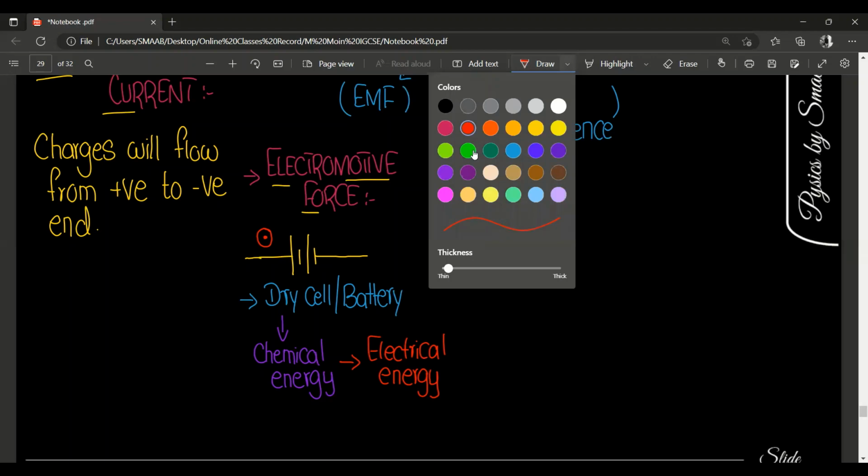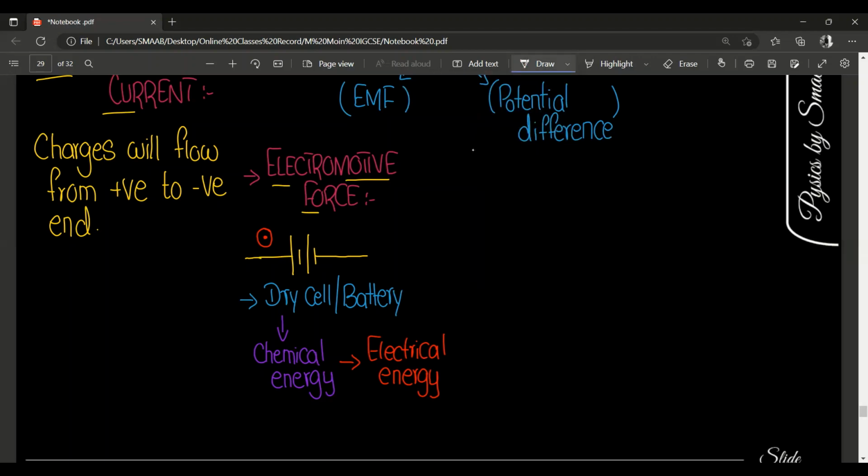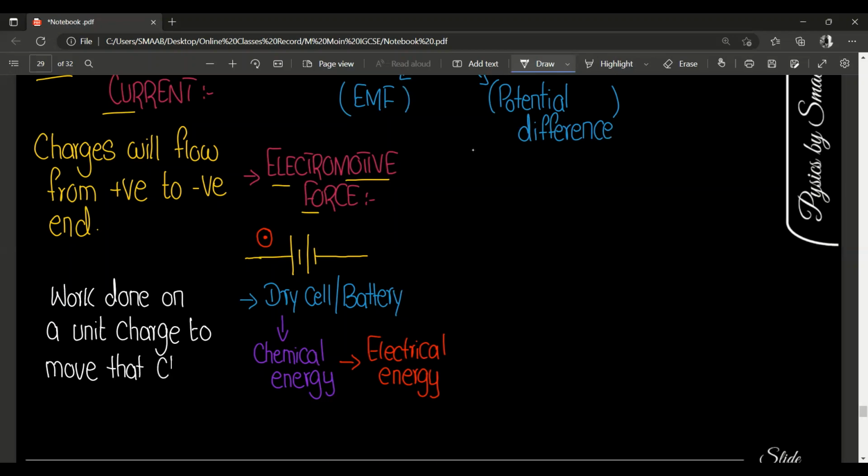So we can define EMF as the work done on a unit charge to move or transfer that charge throughout the circuit, right?